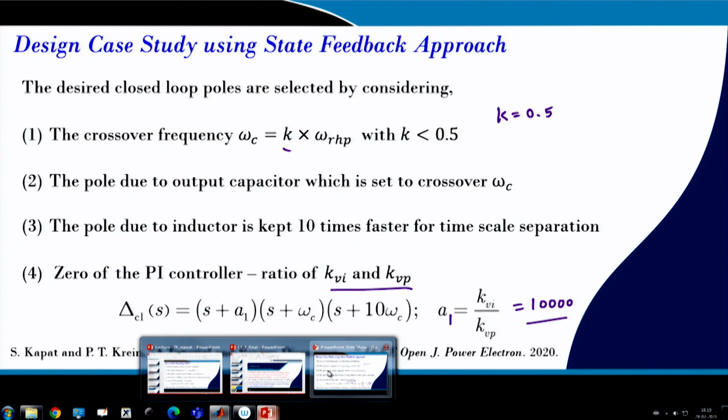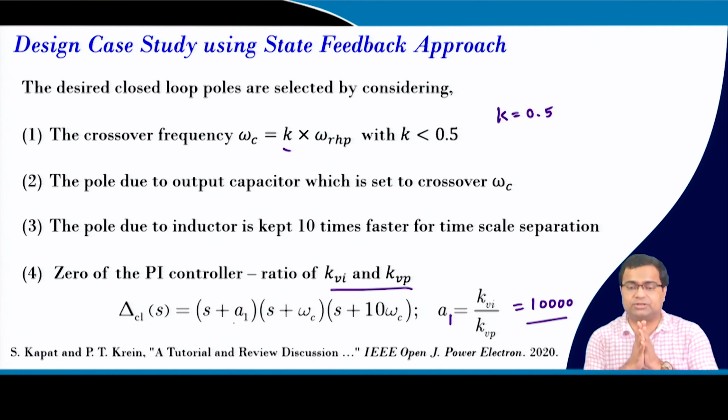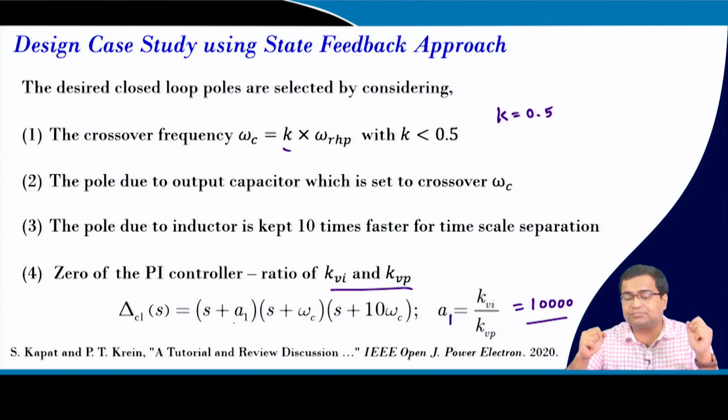So, as in our original discussion, using the state feedback design approach we can leverage more flexibility, because we can increase the crossover frequency and improve the response without having overshoot.